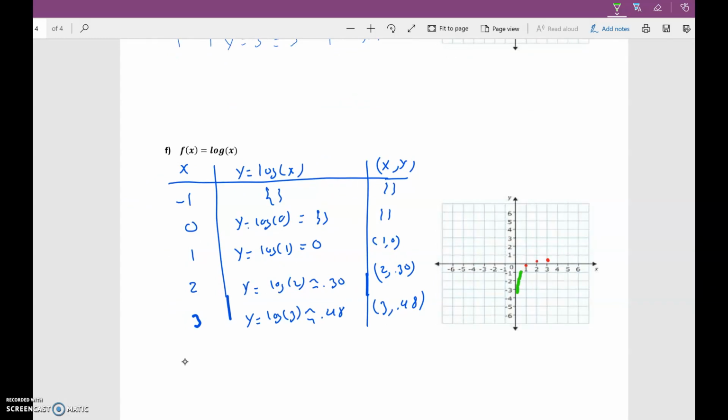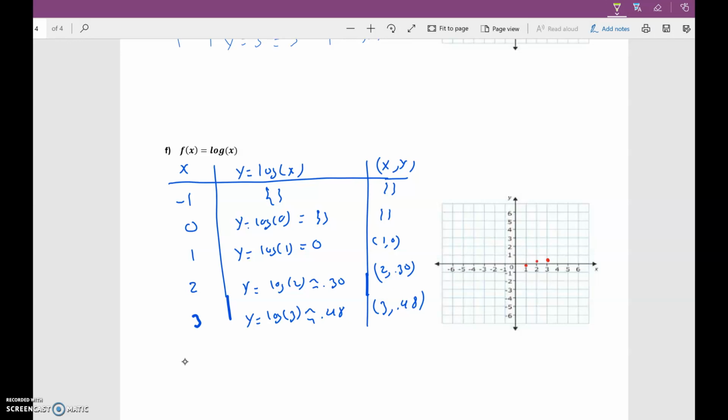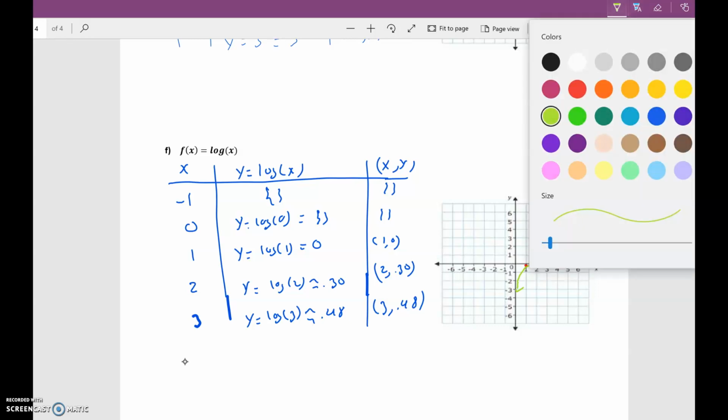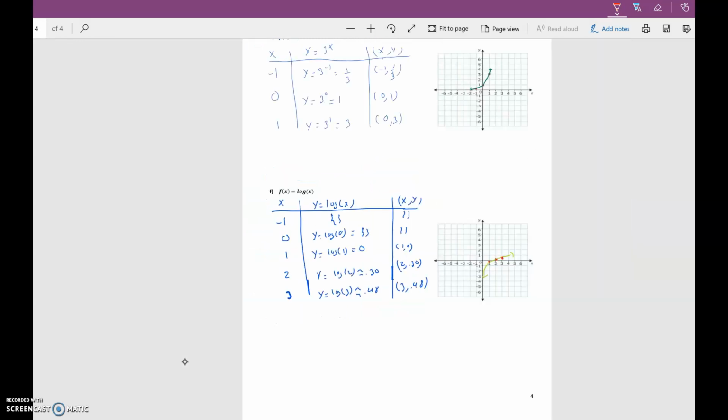And in this case, let me switch that and make it very thin. So our graph is going in that direction. So those are your 3 dots that are on the graph.